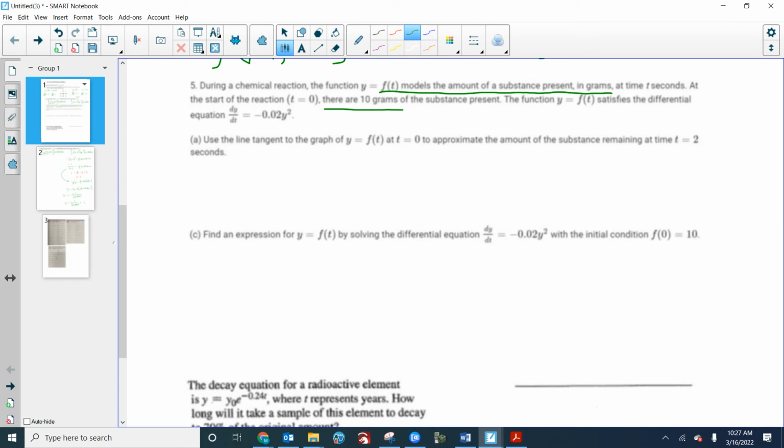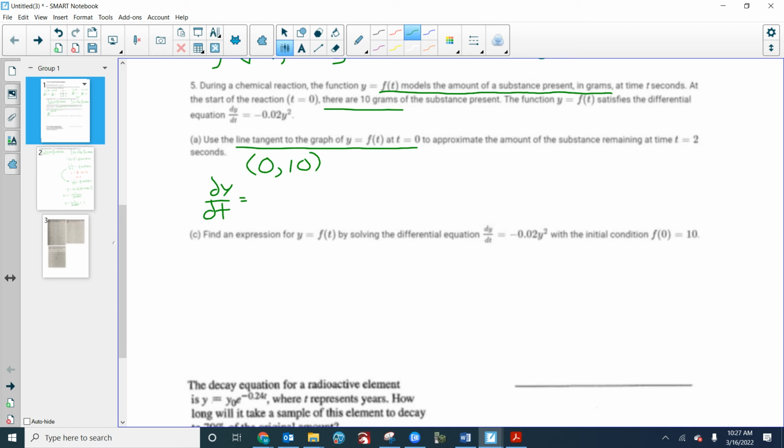Use the line tangent to the graph. So as soon as I read that, I'm thinking, if I'm going to write the tangent line, I need a slope and I need a point. Well, they gave me dy dx, okay, and I need a point at 0. Do I have a point? Well, at 0, do I have an amount? What is it? 10. Do I have a slope? Well, the slope at 0 is when x is 0.